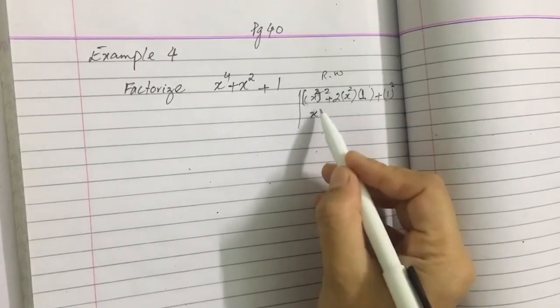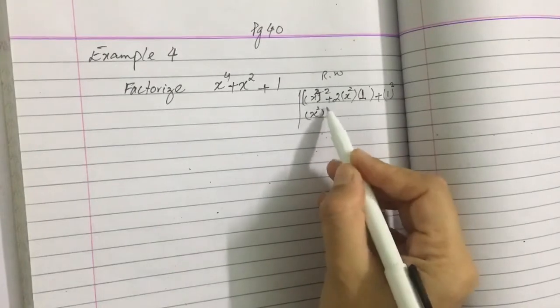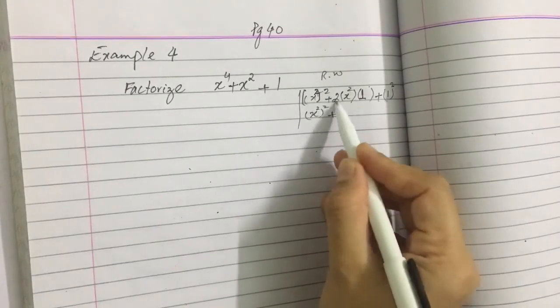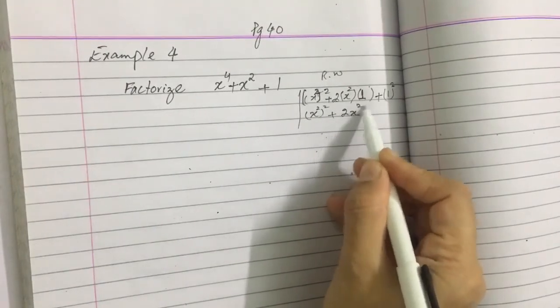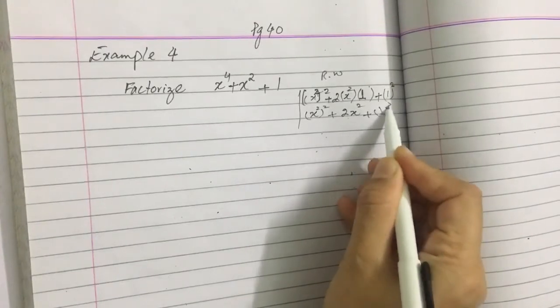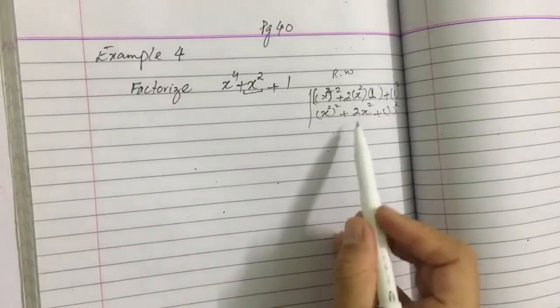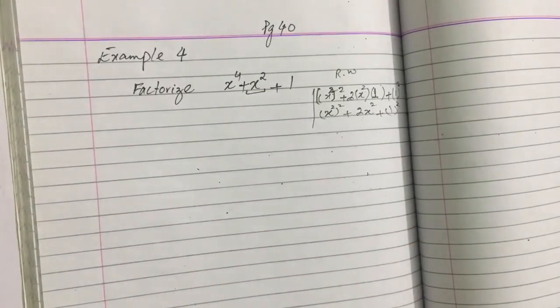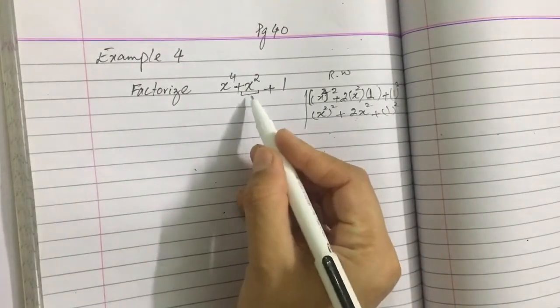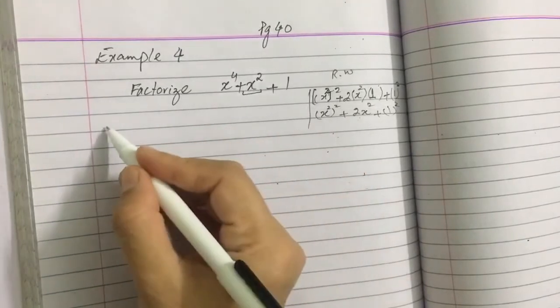And if we solve the second term, then there is 2x square plus 1 square. It means I must have 2x square here to make it a complete square. That is not present here.